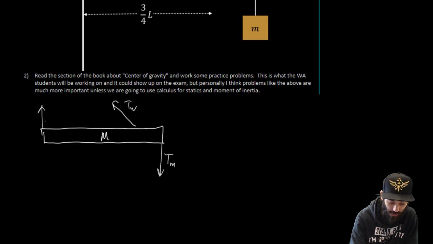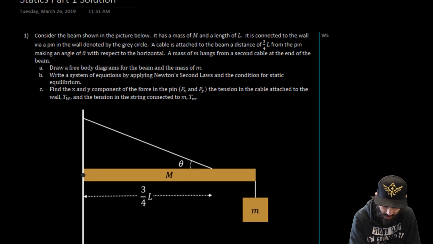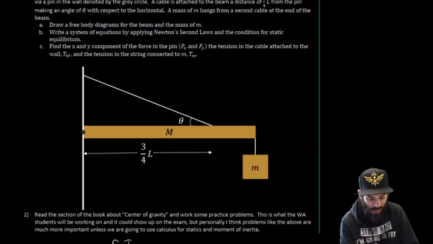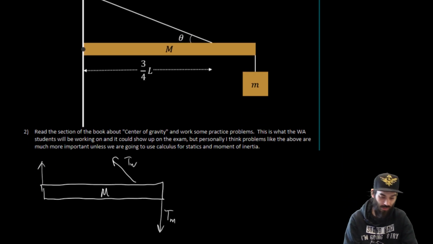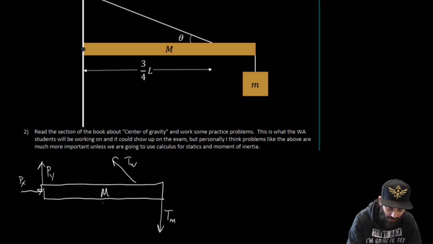But this is what I called T wall and P. It's in the pin, so it's a P sub x and a P sub y. So this is going to be P sub y, and this is going to be P sub x. And then we also have the force of gravity acting at the center.